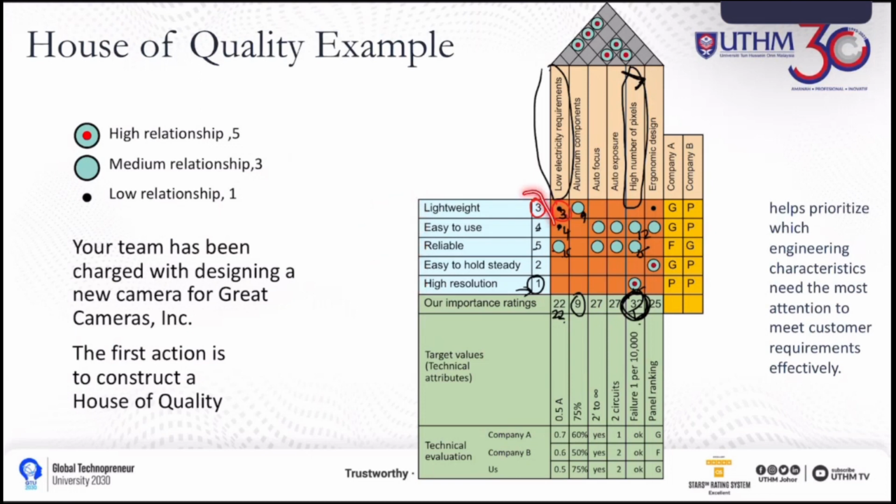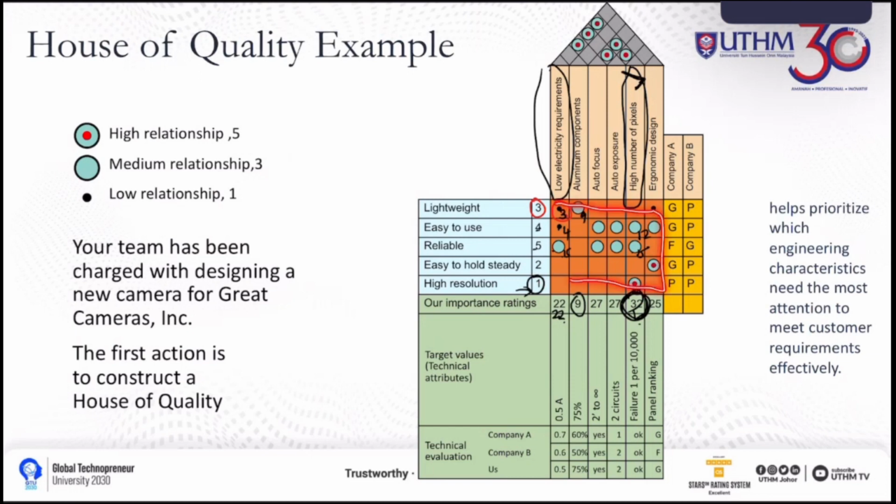From the survey, we can see the marks from the customer. We can say that customers most wanted the camera to be reliable, and the least is that customers wanted the camera to be high resolution. So we put the value here based on the customer want.